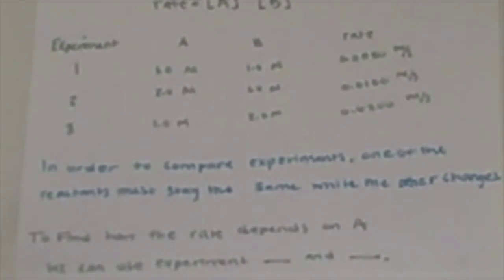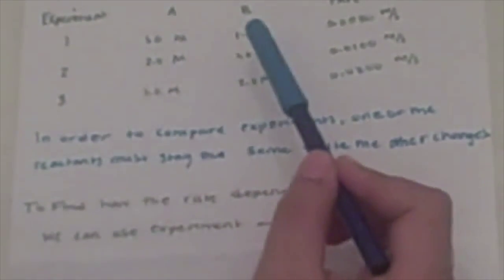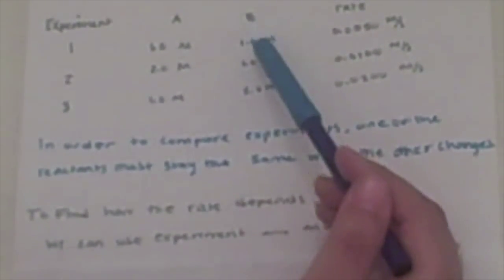So to find the rate dependence on A, we're going to be looking for an experiment where only A changes and B stays the same. And in this example, we can see that A doubles while B stays the same. So we can use experiment 1 and 2.